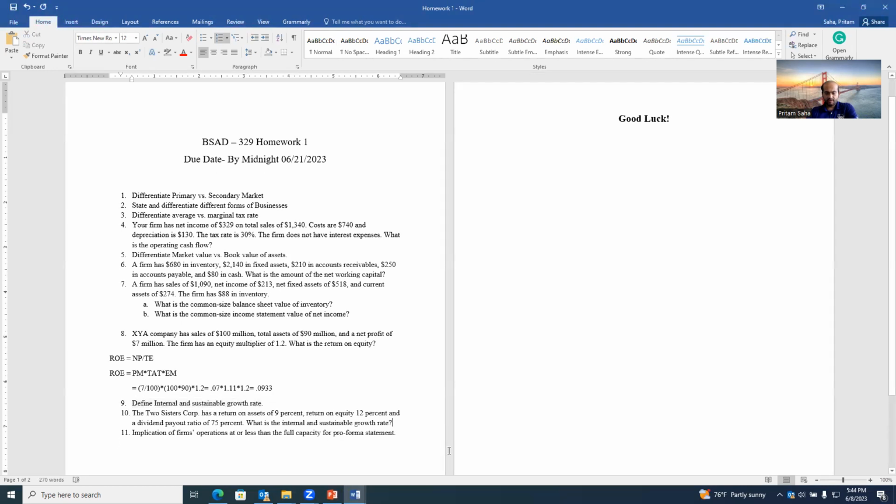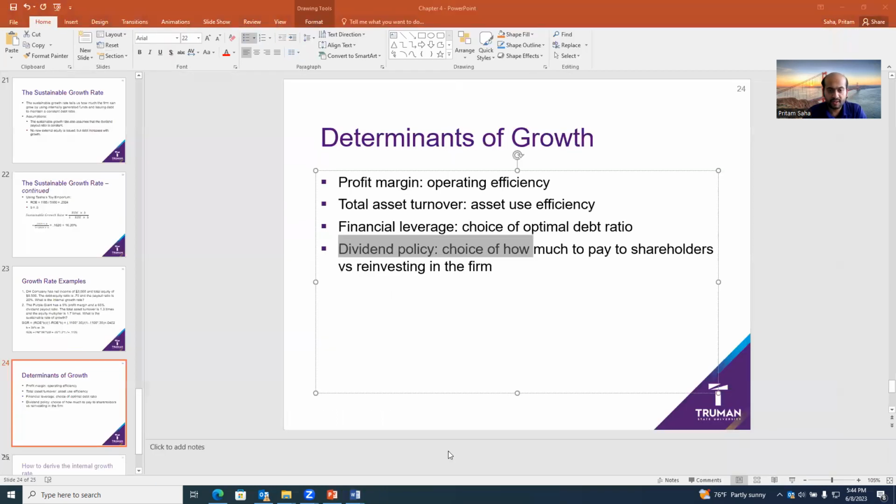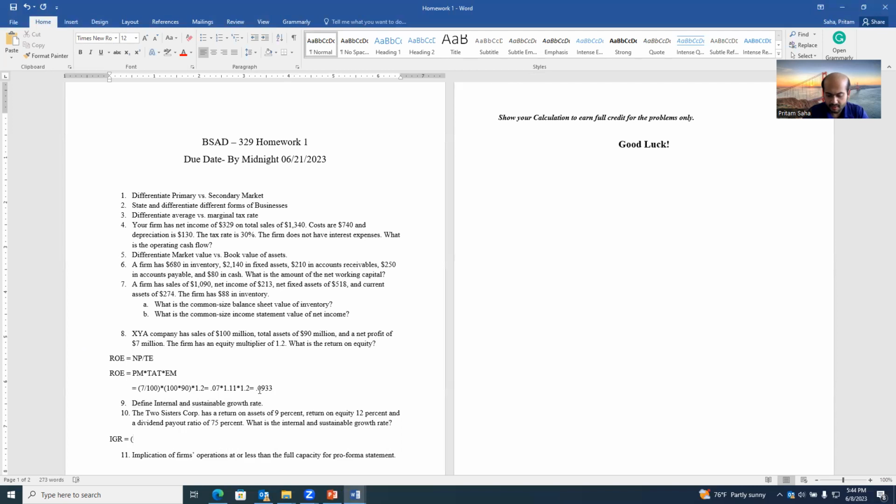Now it's asking how to calculate IGR and SGR. Very easy. You know the IGR formula, ROA times b over 1 minus ROA times b.